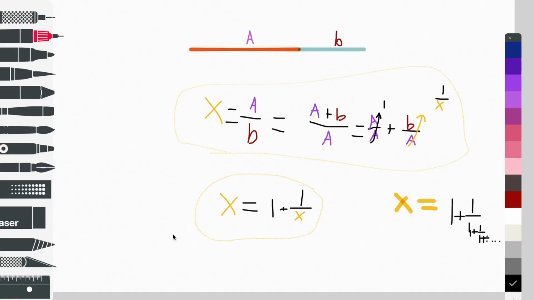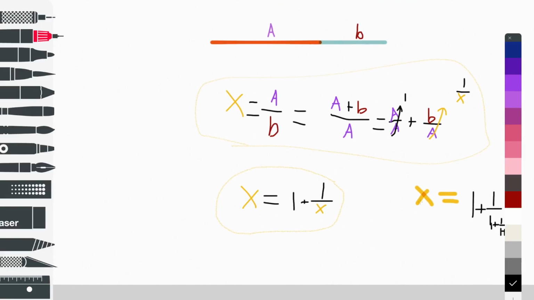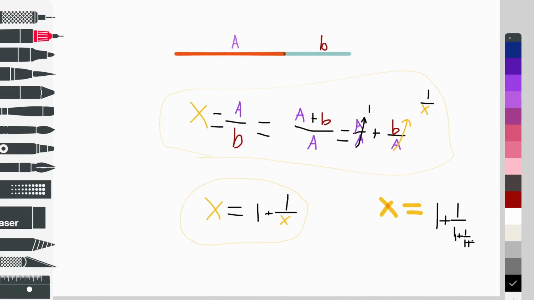So that's another fact that's kind of interesting. So this is also true, but we can just get rid of all that.